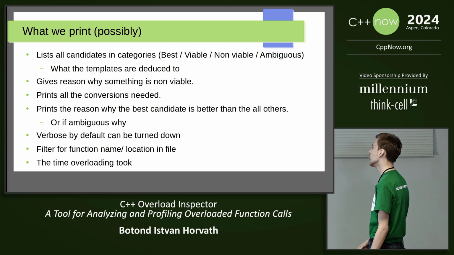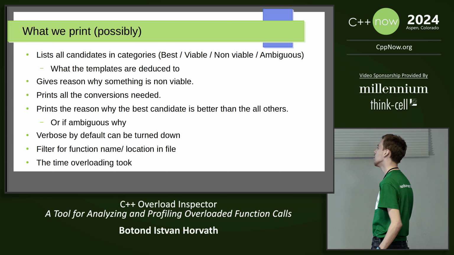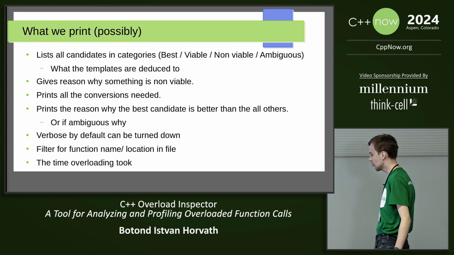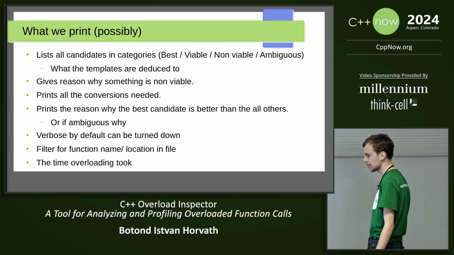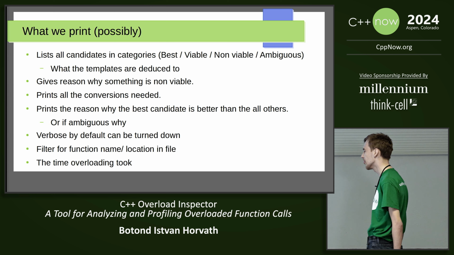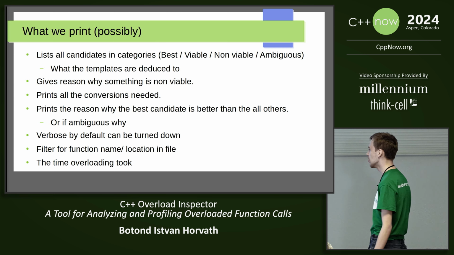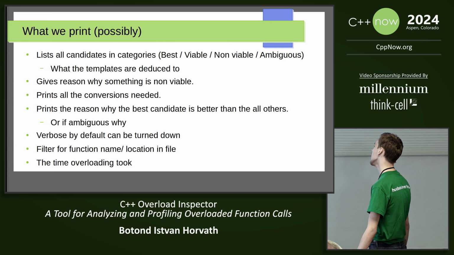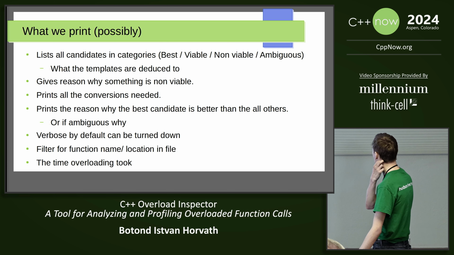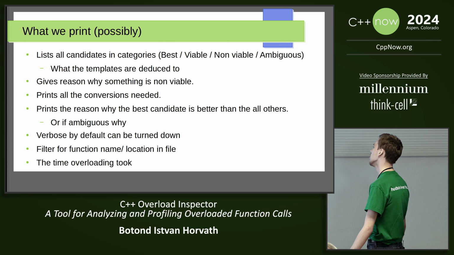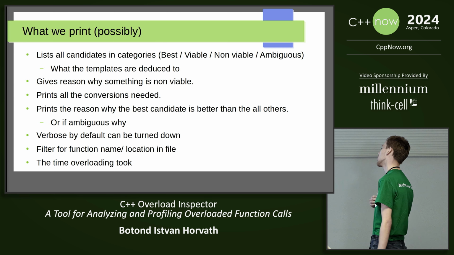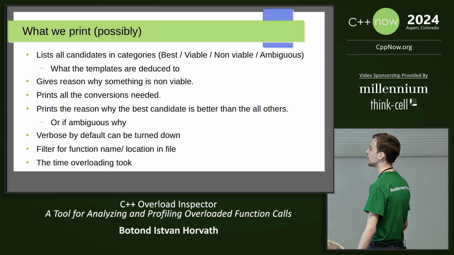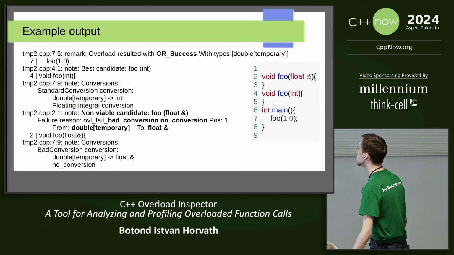It can be very verbose by default, but it can be toned down, so it gives less information, because sometimes less information is more useful because it's more readable. I also print the time the overload took, and of course when I'm talking about a specific candidate, I mark where it was in the files.